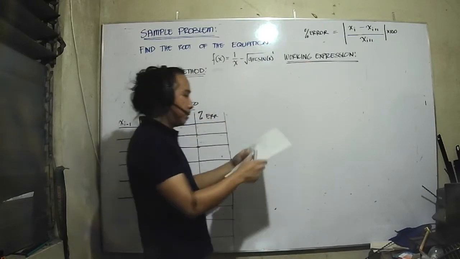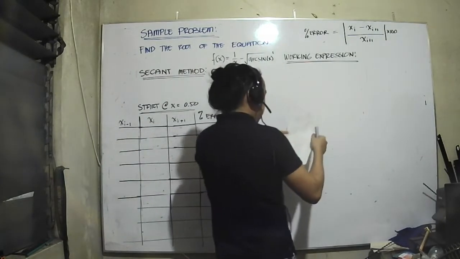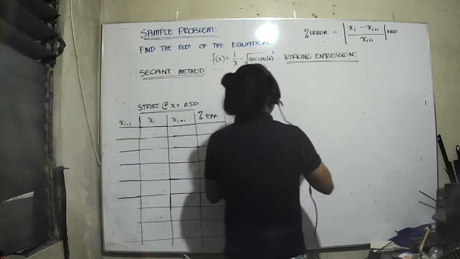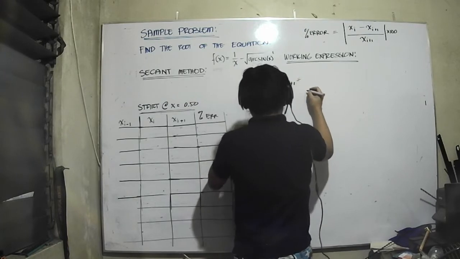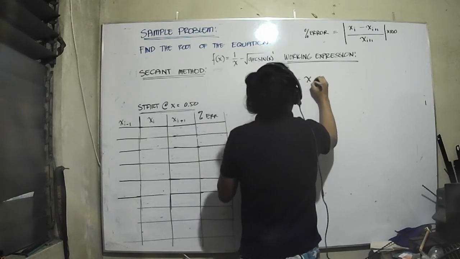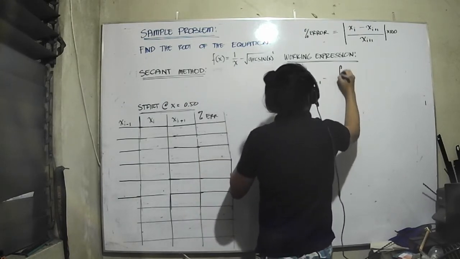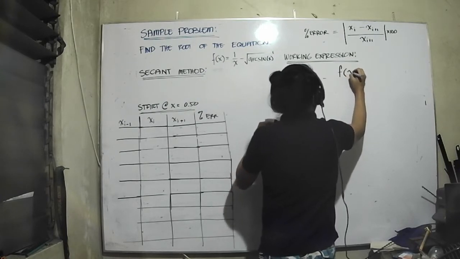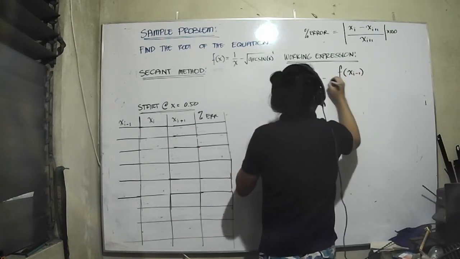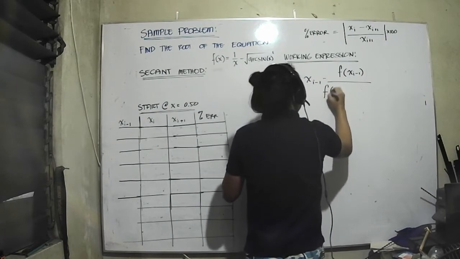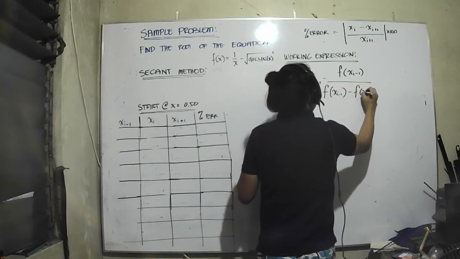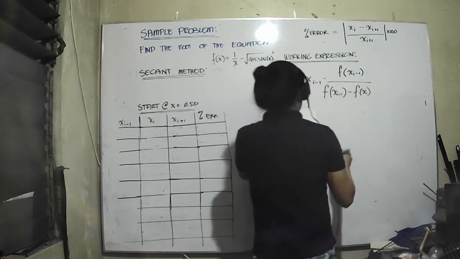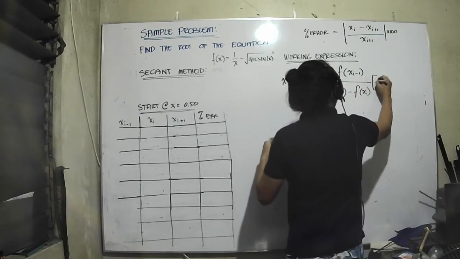We need the working expression for it, which is: the forward iteration is equal to the backward iteration minus the function of the backward iteration, multiplied by the actual iteration.